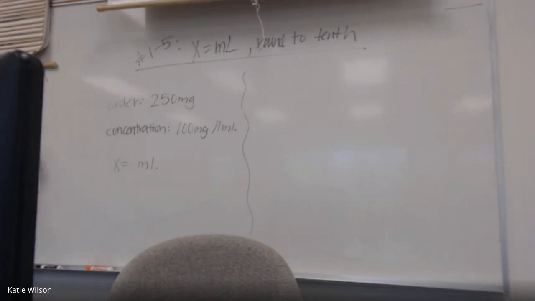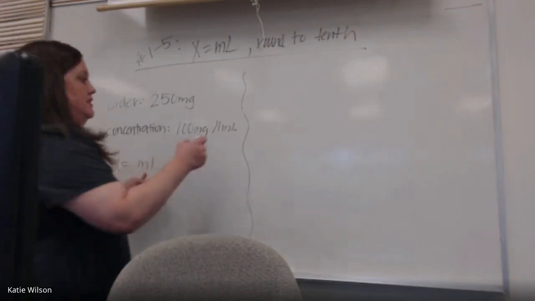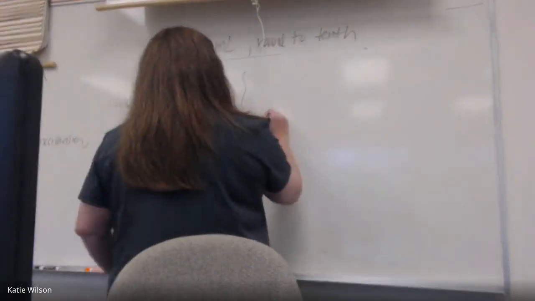So the have is gonna be your concentration, and that's gonna be like milligrams per milliliter or milligrams per tablet, things like that. Okay. So in this case, we're solving for milliliters.